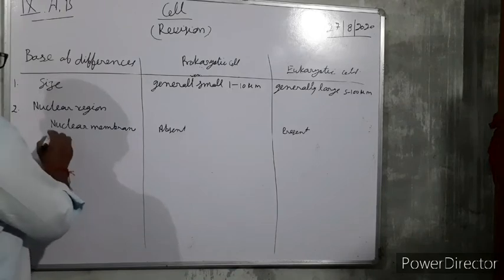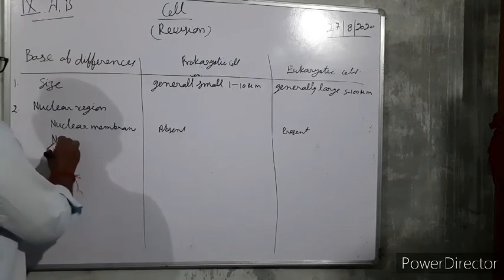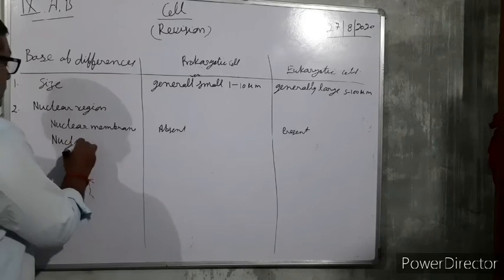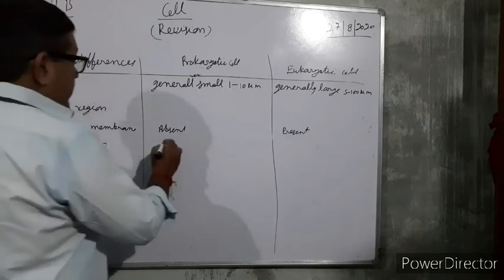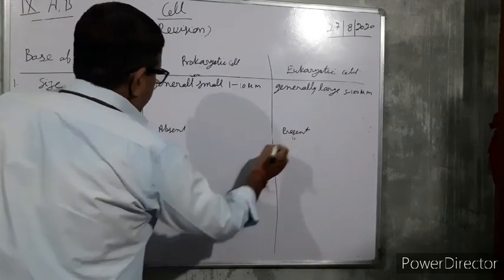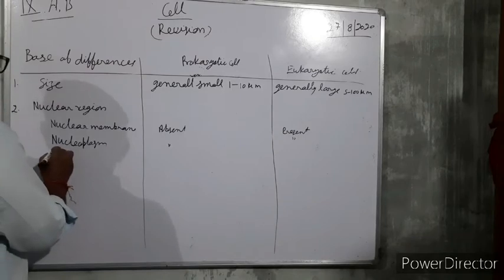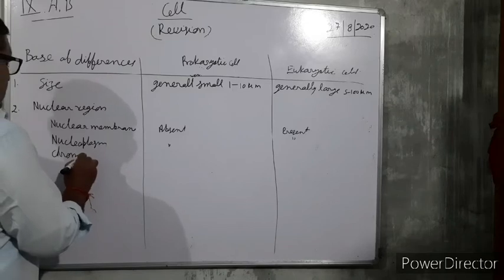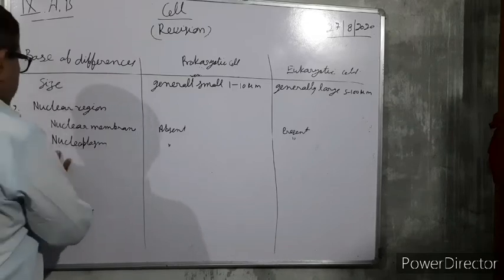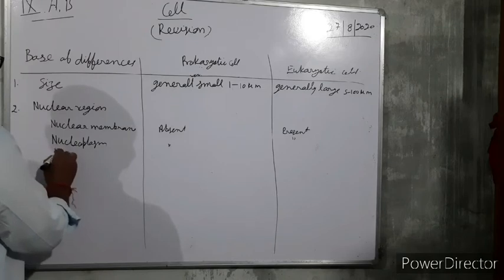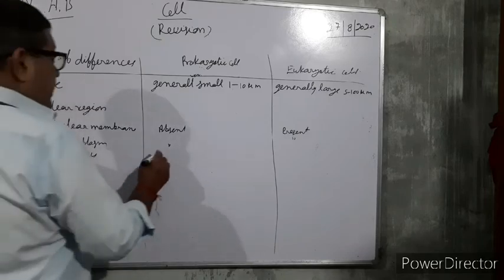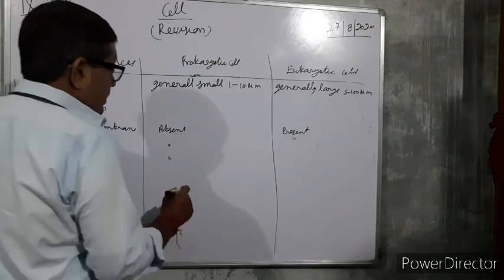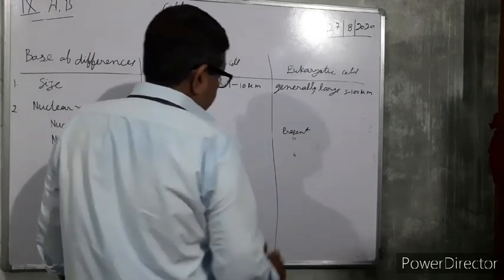After the nuclear membrane, nucleoplasm: it is absent here and present here. And nucleolus: nucleolus is absent here, and nucleolus is present here.